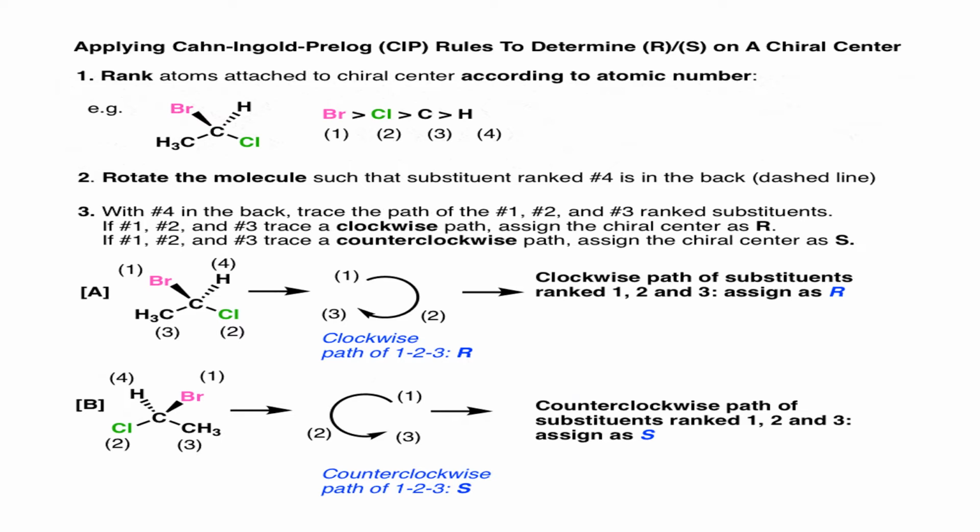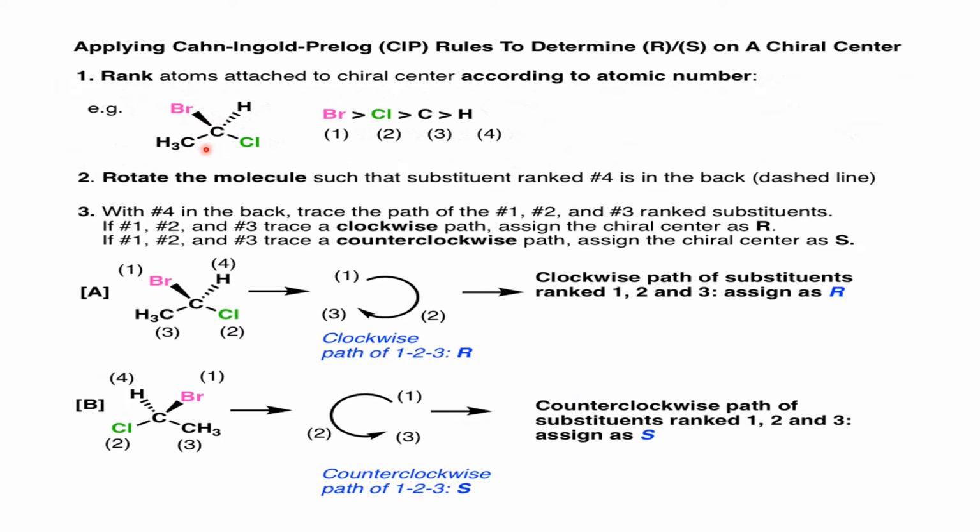For example, take this molecule. This is the molecule and we have asymmetric carbon atom here. In that asymmetric carbon atom, we have bromine, chlorine, hydrogen and carbon of methyl group.